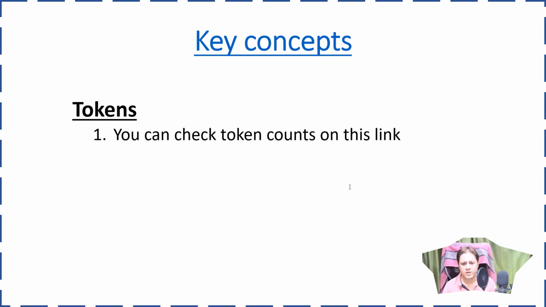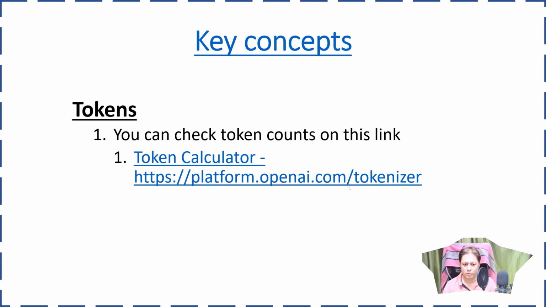You can check token counts on this link. I have already shown you in the last video, but this is the link which you can open and check yourself. After that, the consideration is that this is an approximation. This is not a real value, but you can consider it near about the truth. One token is near about 4 characters.